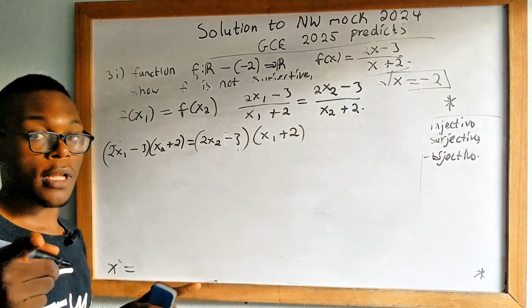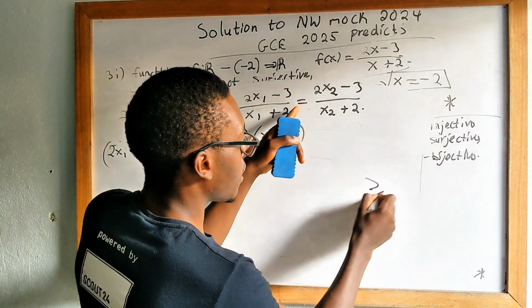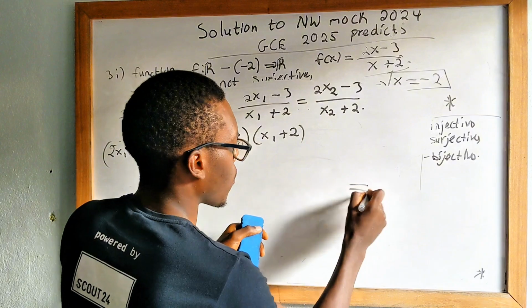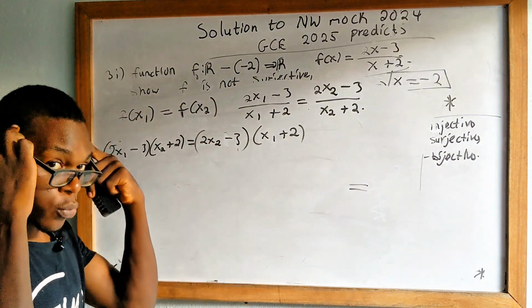Know that we don't cross multiply if it was an inequality sign. We never cross multiply with an inequality, but with this equality we can cross multiply.